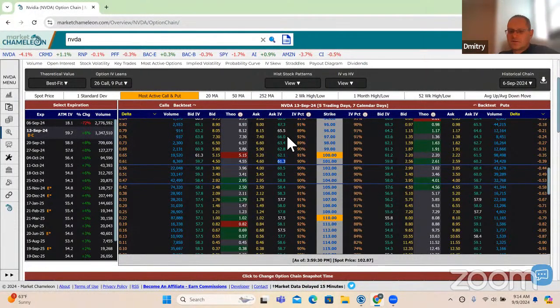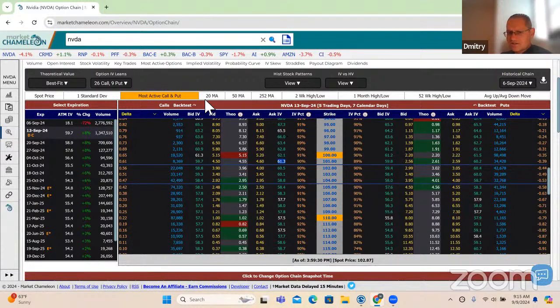It's hard to compare the relative values of these options. So we have the Black-Scholes model to convert it to the implied volatility of that option. Now we can make a comparative analysis of which one is priced higher or lower according to the Black-Scholes model.